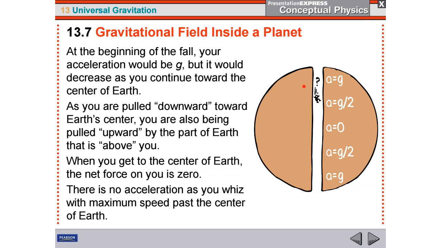The resultant is a combination of those two, the force up and the force down. Remember that force is a vector, so these forces will cancel out. When you get to the center of the Earth, the net force on you is 0. There is no acceleration as you whiz with a maximum speed past the center of the Earth.